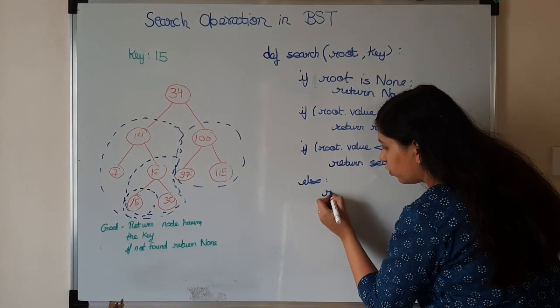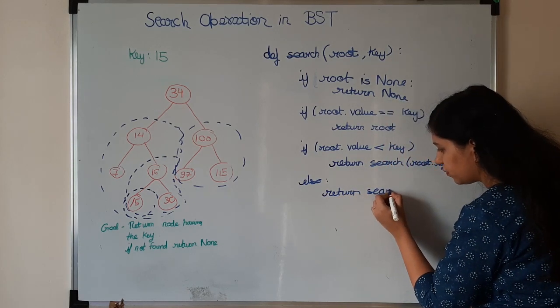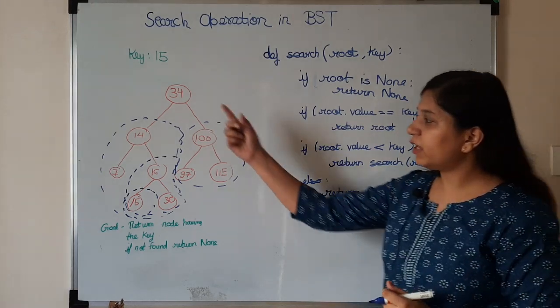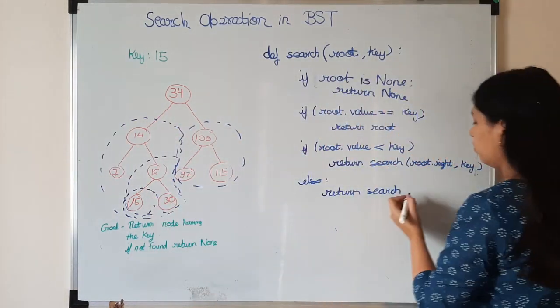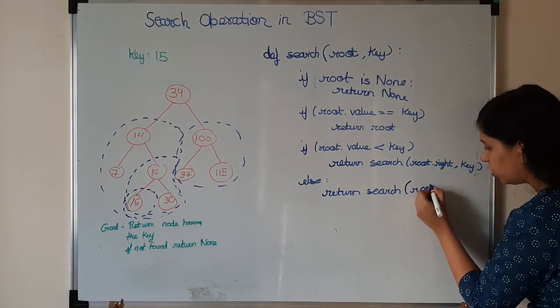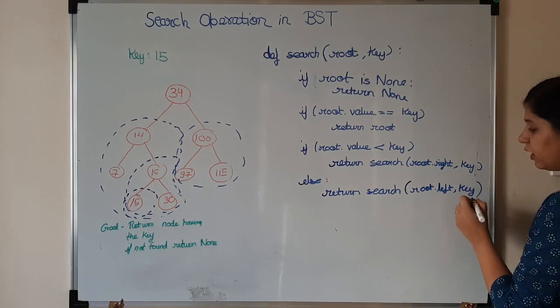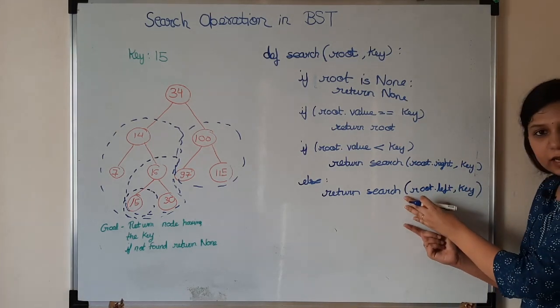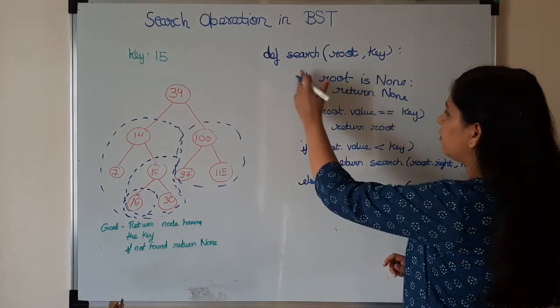Else, return search(root.left, key). If the key is smaller, then you need to look in the left subtree. So for the left subtree, you need to provide the root element and the key to this search. Okay, so this is my method.